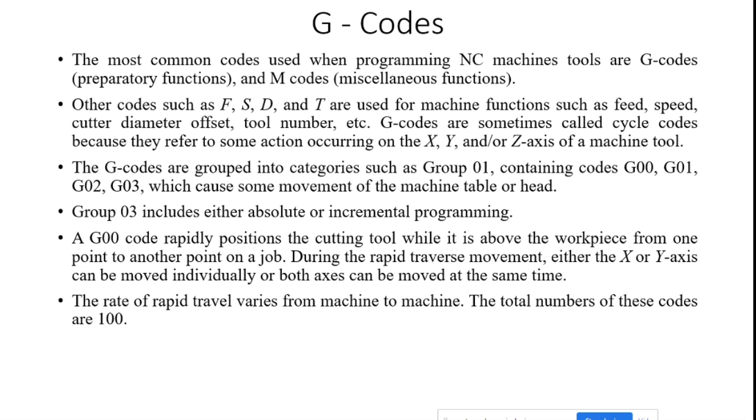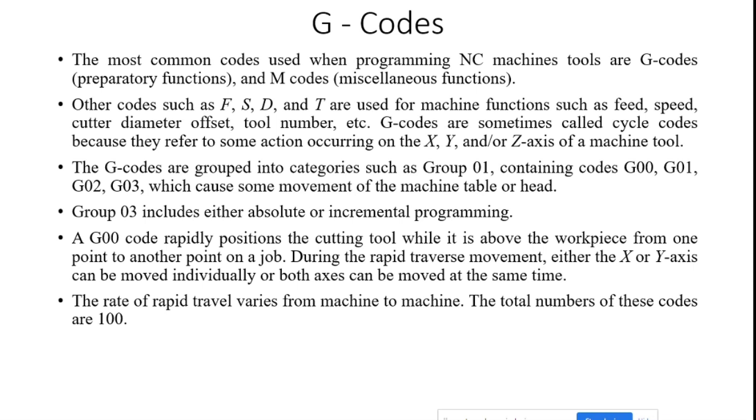Those codes are F, S, D and T. These codes are used for machine functions such as F for feed, S for speed, D for cutter diameter offset, and capital T for tool number. These kinds of codes are also available with part programming.